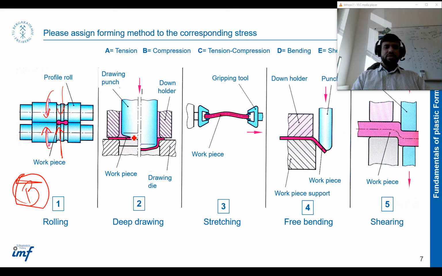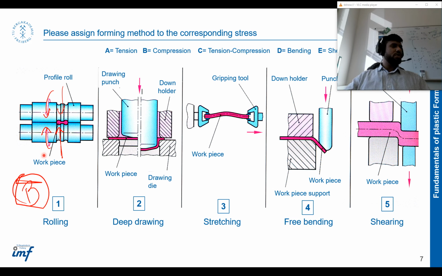Half is sectioned as the initial position and half is sectioned after the load has been applied and the die has moved down. What do you think this setup belongs to?